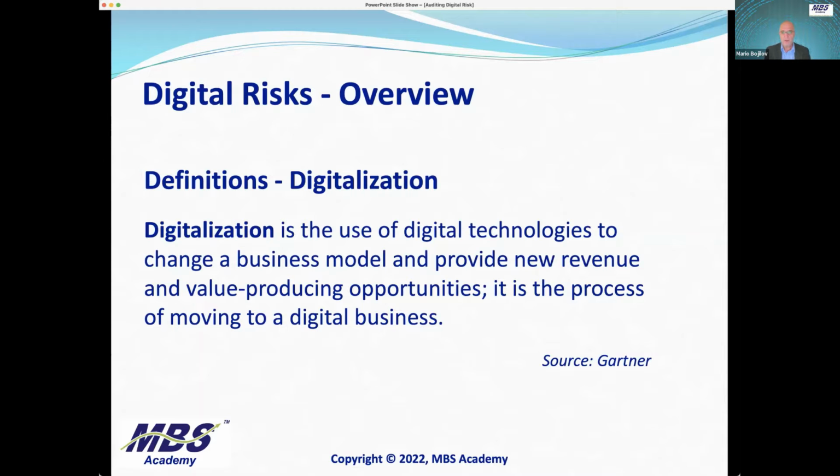If I continue my analogy with the paper invoices, once you've scanned your paper invoices and put them into your document management system, there is very little you can do with them. So this is digitization. Digitalization is when you create a process, it doesn't matter what it is. It can be, for example, scanning those and using OCR, optical character recognition, to extract some of the information on those invoices and do something with it.